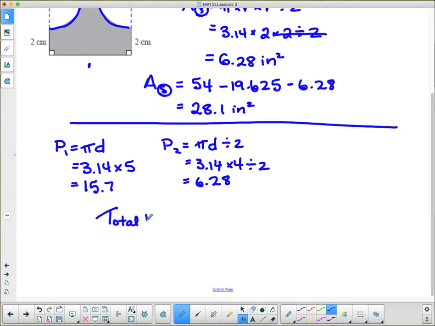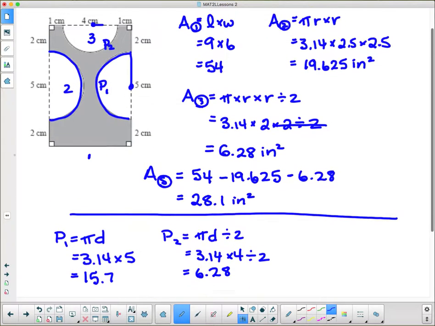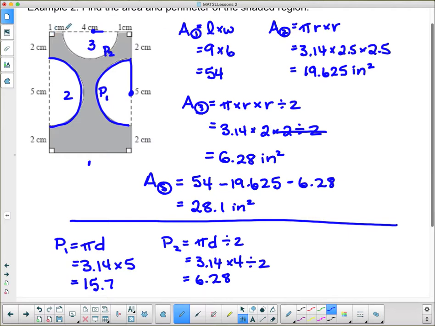Now, if we want the total perimeter, we have to take that 15.7, add the 6.28, but we got to do more than that. There's more things to add on here. There's this 1 and a 2 and another 2, and all the way across here, we saw that before, that was 6. All the way across there was 6.